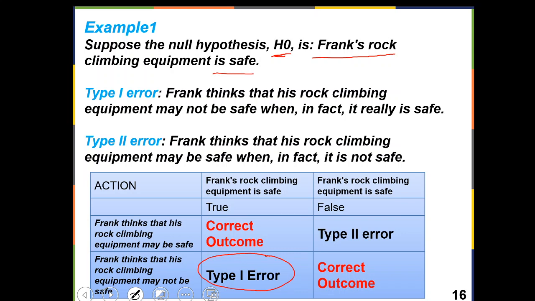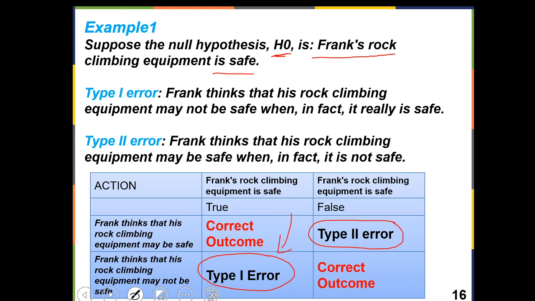Now, what if they're not safe and then Frank fails to reject them? Well, that would be type 2 error, right? Which one is more serious? Well, think about it. If he rejects some safe equipment, at most he's going to go buy some more, or he's not going to go rock climbing. There is no danger in that.